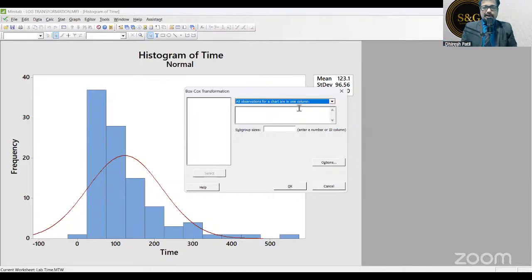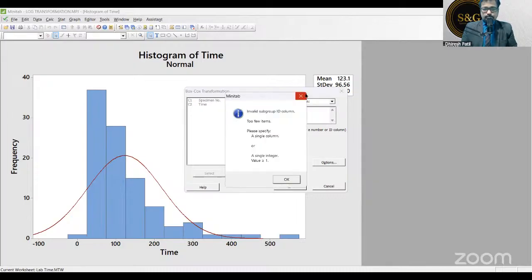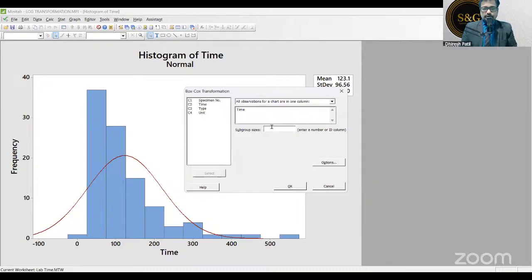Once you click on that, select the time option here and click on OK. Subgroup, just a second.